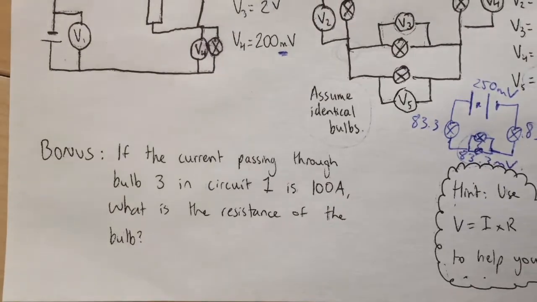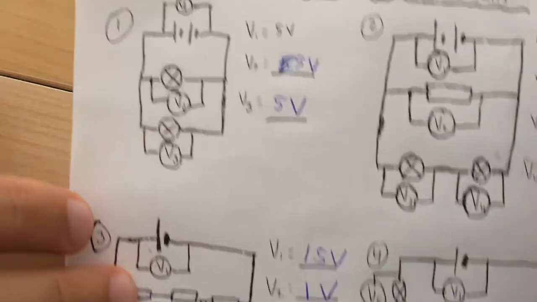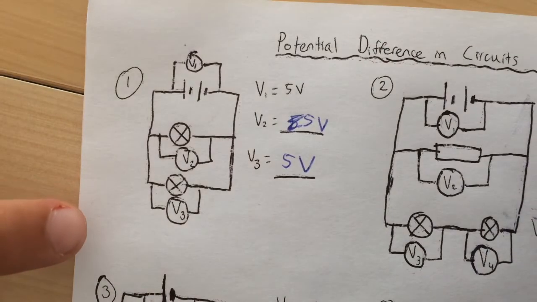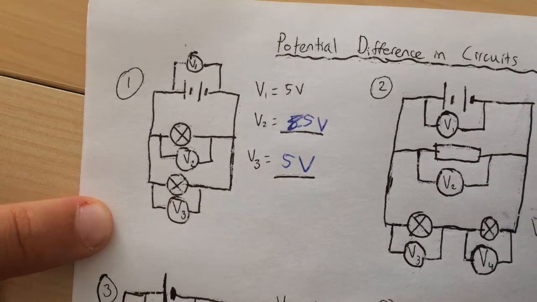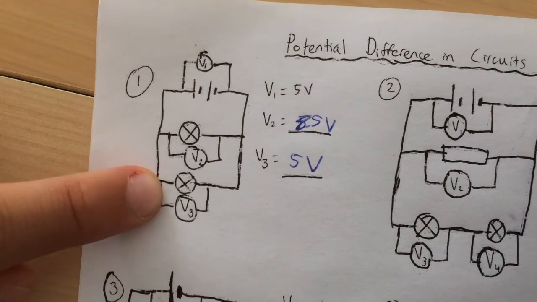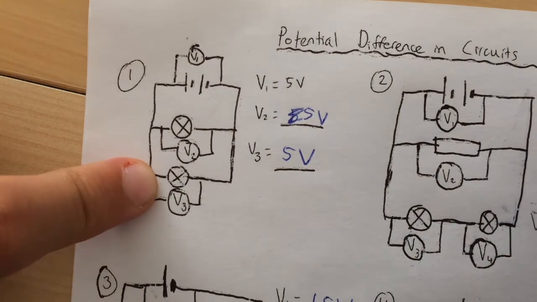Finally, the bonus question: if the current passing through bulb 3 in circuit 1 is 10 amps, what's the resistance? So we have a look at circuit 1. Bulb 3 is likely this one, and we're saying that the current is 100 amps.